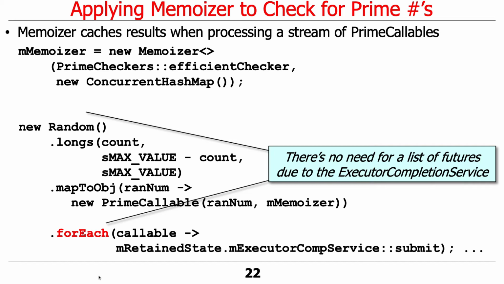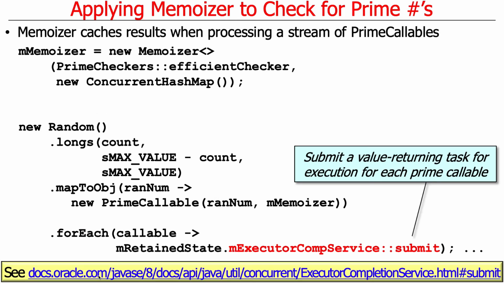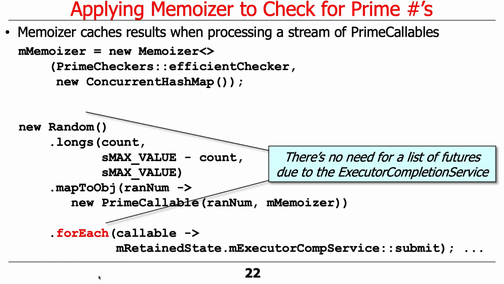Now that we're using the executor completion service instead, we're able to leverage the fact that it has its own internal queue. As a result, we don't have to store these futures ourselves. They're actually stored in the executor completion service, which greatly simplifies the code logic and allows the results to come back more efficiently.